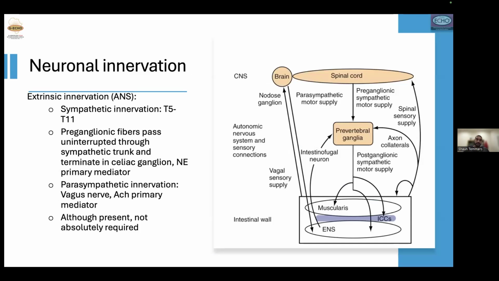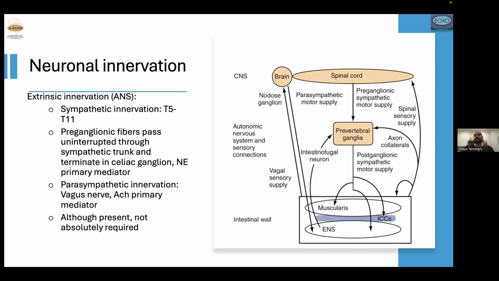Now, this diagram on the right illustrates a complex interaction of innervation of the intestinal nervous system. There is communication from the parasympathetic system, which is predominantly via the vagus nerve, cross-communication via the nodose ganglion, and interaction between the enteric nervous system as well as the muscularis from vagal input. However, there's also a large network of sympathetic input, with the sympathetic innervation occurring from the trunks T5 to 11.